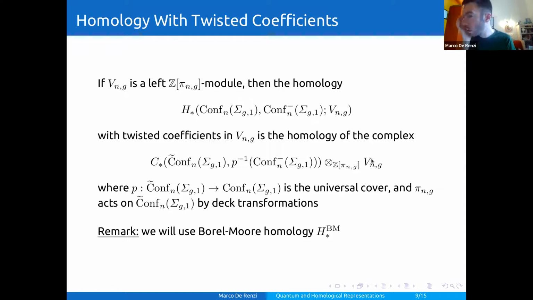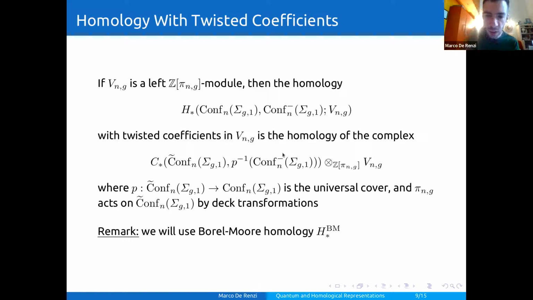And a comment here is that we will use Borel-Moore's version of homology. I won't go into the details of this definition. This is sometimes also called locally finite homology. But essentially, this is a version of homology that differs from the standard one for non-compact spaces.